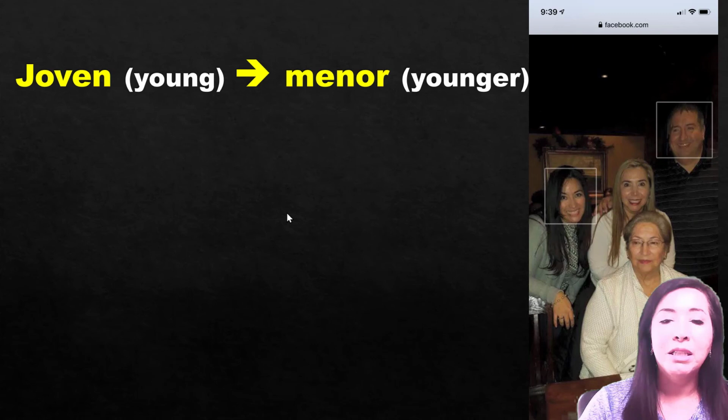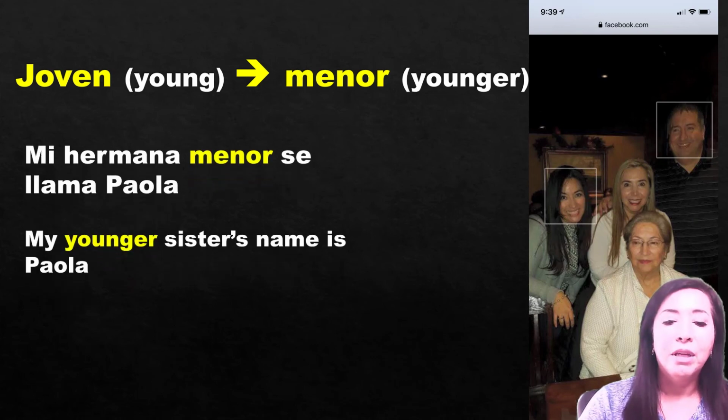Mi hermana, my sister, is younger than I. Mi hermana menor se llama Paola. My younger sister's name is Paola. Okay, so I would refer to her not as mi hermana más joven. I wouldn't say that. I would say mi hermana menor.